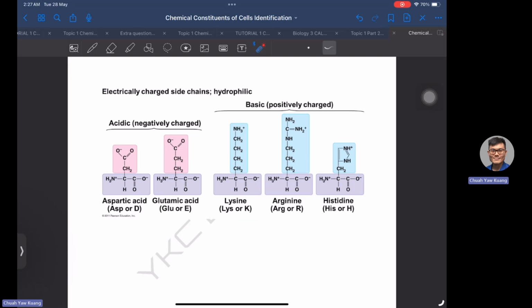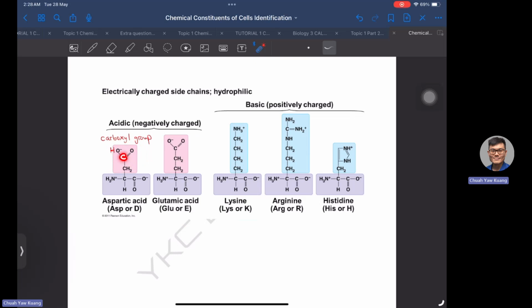Then next, the acidic side chain. The acidic side chain is quite easy to identify because whenever you see a carboxyl group. A carboxyl group can be presented as COOH or COO negative, depending on whether it is ionized or not.